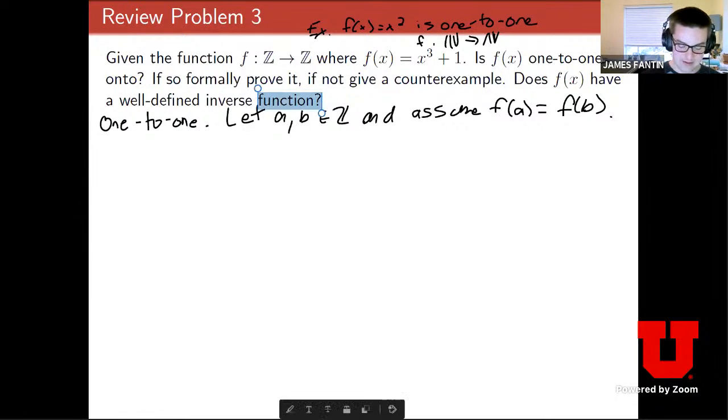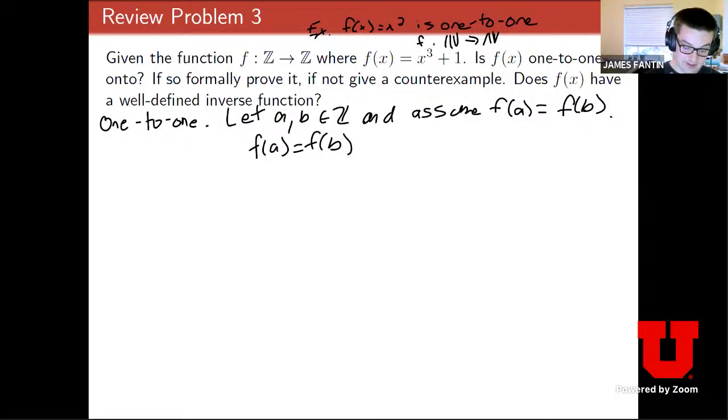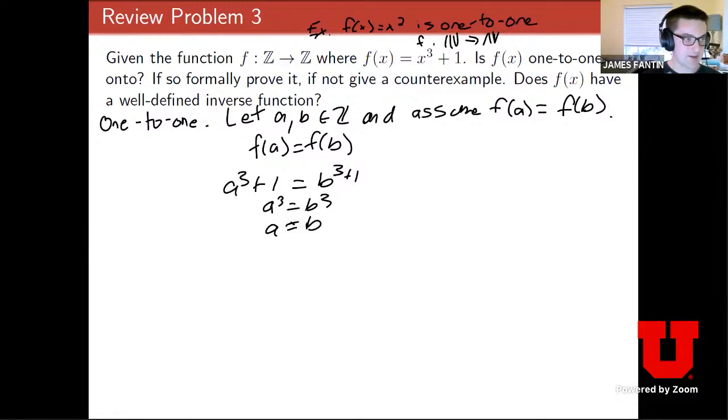So we define a and b to be in our domain, with f of a equals f of b. Applying the definition of the function, a cubed plus 1 is equal to b cubed plus 1. So a cubed equals b cubed. And this means that a equals b because it's a cubic function.